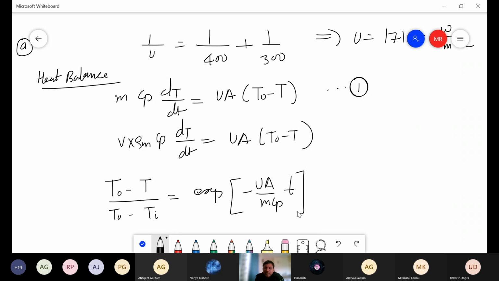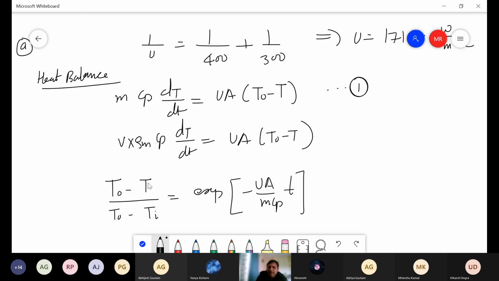Yes, sir. We have already derived these equations earlier. If you remember your class notes, this equation we have derived several times. Okay, so we can take T naught minus T on the left hand side, so dT divided by (T naught minus T), that we can integrate between the limits Ti to T, isn't it?